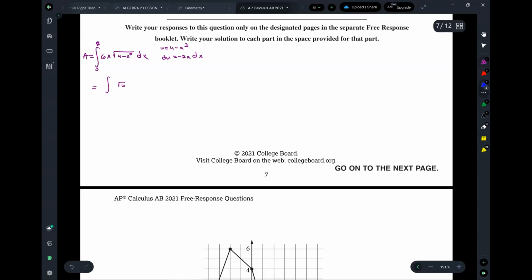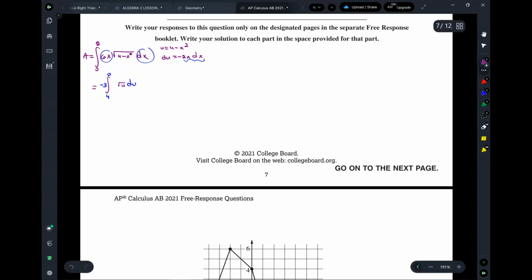Now what do I have left here? 6x dx. Is that negative 3 times this? It is. So negative 3 du. Okay, let's put in the new u's. u at 0 is 4. u at 2 is 0.